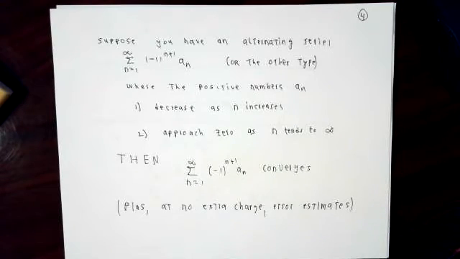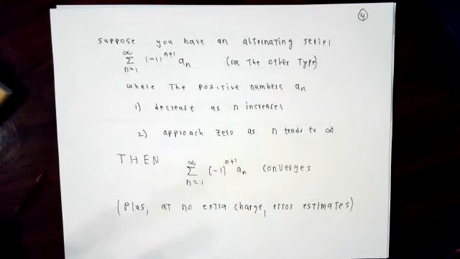If we have an alternating series, though, there's special structure to it. Suppose I have one of these alternating series and the positive numbers an get smaller as you increase the index, and also the individual numbers an tend to 0 as n tends to infinity.